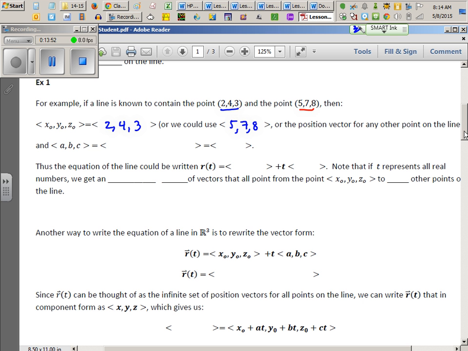But it's a position vector. And ABC will be basically 5 minus 2, comma 7 minus 4, comma 8 minus 3. When you subtract these 2 points like this, you get that little vector that connects the 2 points, or at least a vector that points in that way. So that gives us the numbers, what, 3, 3, 5, right?